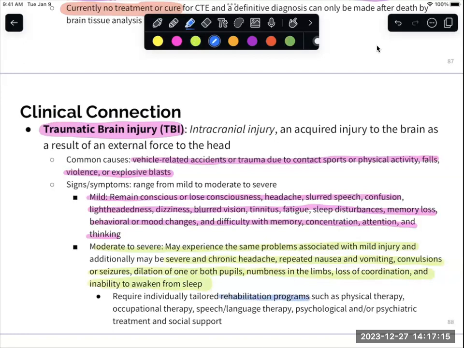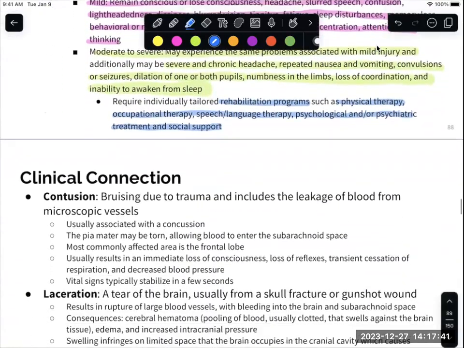So those of you going into physical therapy assistant, you're going to see these people, occupational therapy, speech and language therapy. They're also going to need psychological and usually psychiatric treatment, as well as different social support to be able to make it through all of this, because there's a lot of steps to trying to recover.